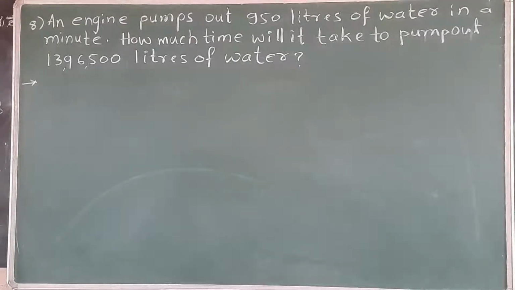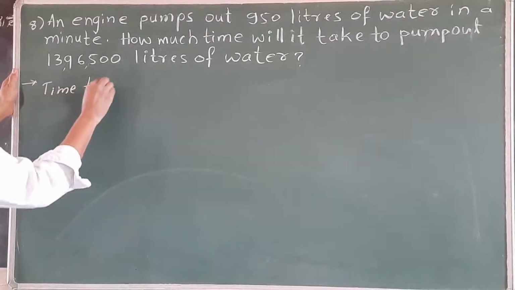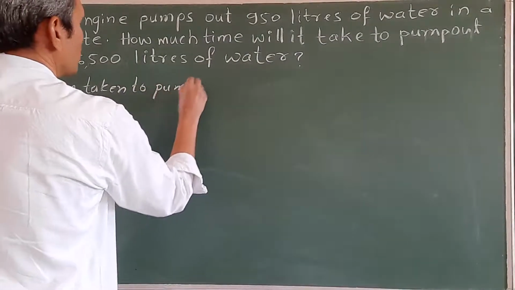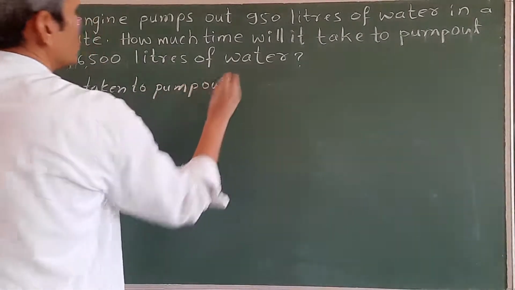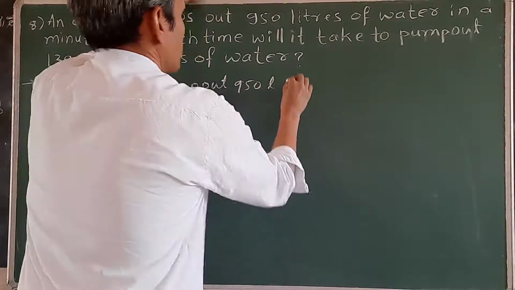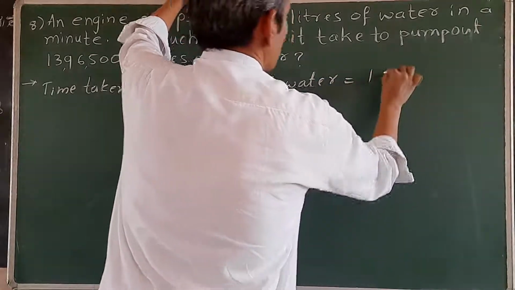For this we need to know the table of 950, which we have already prepared and written here, and now we will start dividing after writing the data. Now we will write the time taken to pump out 950 liters of water is 1 minute.